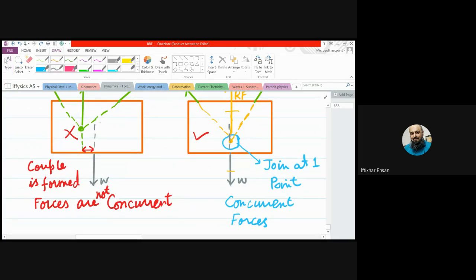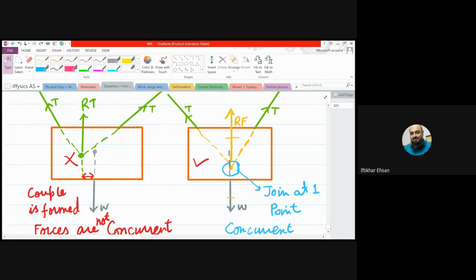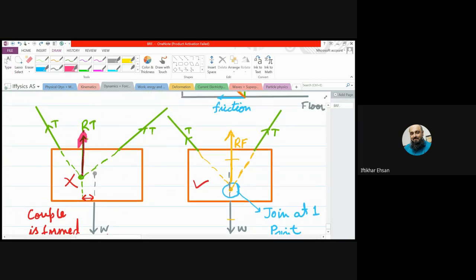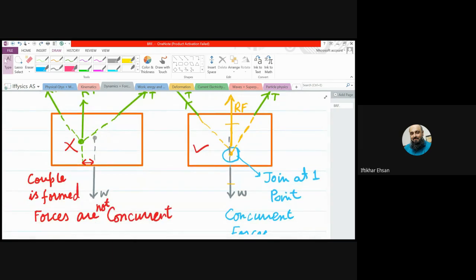Beta, the center of gravity is here, and the forces join here. So the resultant tension will be somewhere here in the middle of both the tensions, but the resultant tension and weight are not acting on the same point. When two equal and opposite forces act at two different points, they form a couple, which makes the object rotate. So that is not in equilibrium.